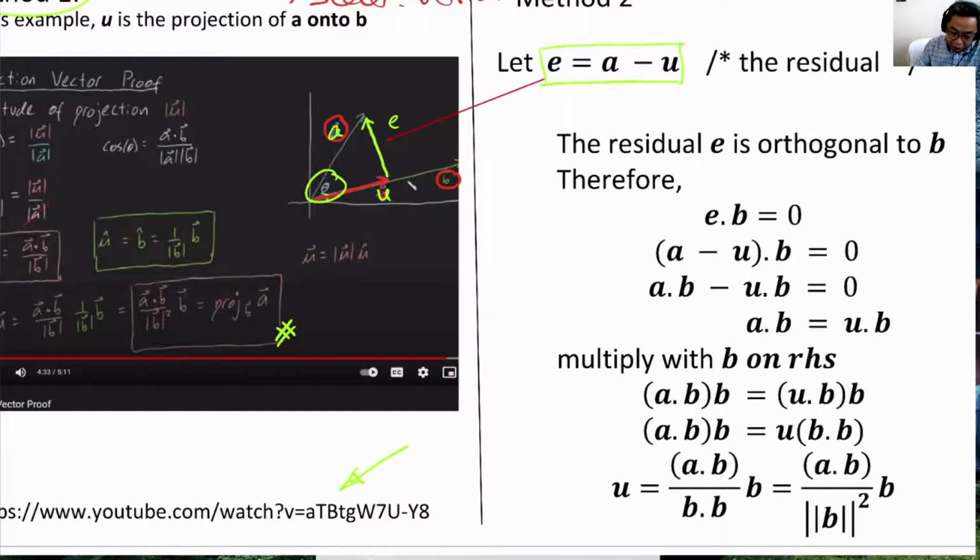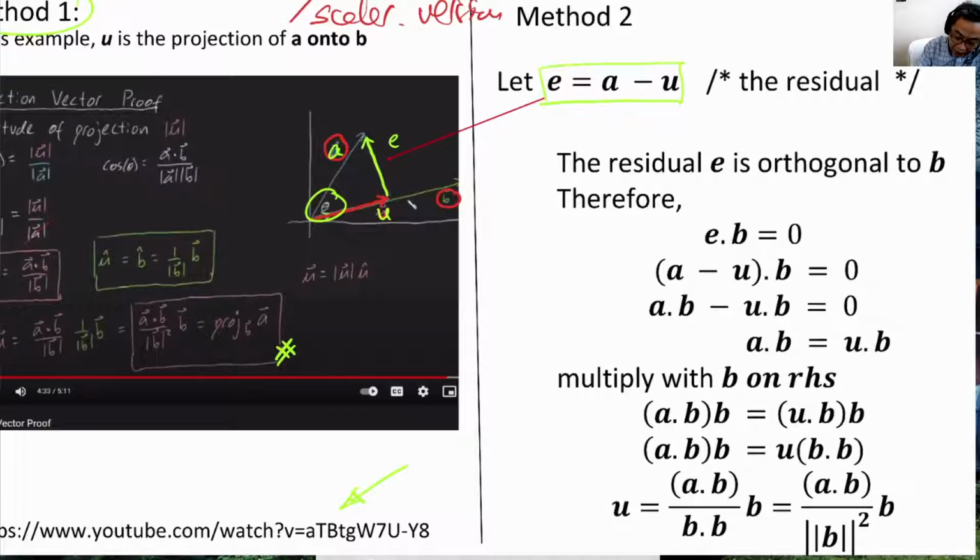The second way to prove is to use this equation. Let the error be A minus U. This vector E is orthogonal to B, and we use this property to start.